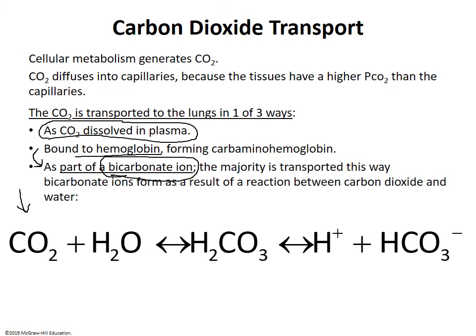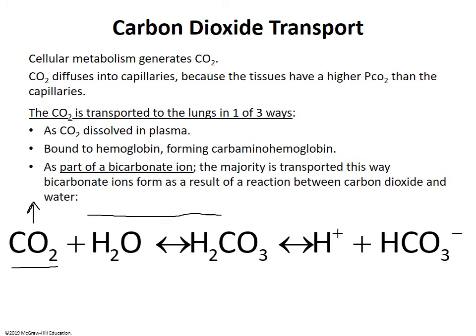And we're going to talk about all three of them, but remember, this is what we were referring to when we said carbon dioxide acts as an acid in our body. If the carbon dioxide levels rise, this equation gets pushed this way, and so when carbon dioxide levels rise, so do hydrogen ion levels. And so when hydrogen ion levels increase, that means acidity increases, or said another way, pH decreases.